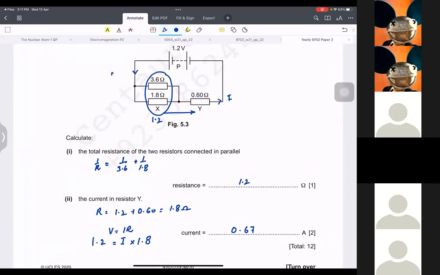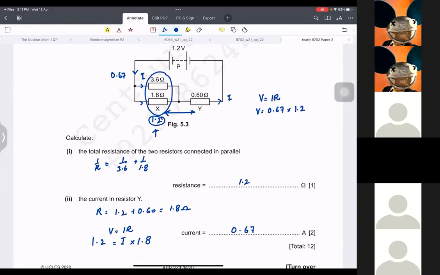Because here the current was 0.67, it would divide into this. Now let's suppose they ask you to find the current here. First of all, we would need to know how much voltage this section receives, because these two things are in series, right? Here the resistance was 1.2 ohm. First we'll find the voltage. The total current was 0.67 and the resistance of this section is 1.2.